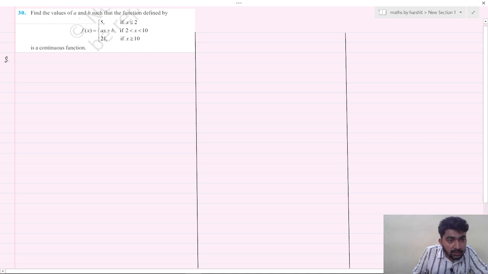So the solution is: first of all, observe the domain of this function. Here, to the left of 2 the function is defined, at 2 the function is defined, and in between 2 and 10 the function is defined.